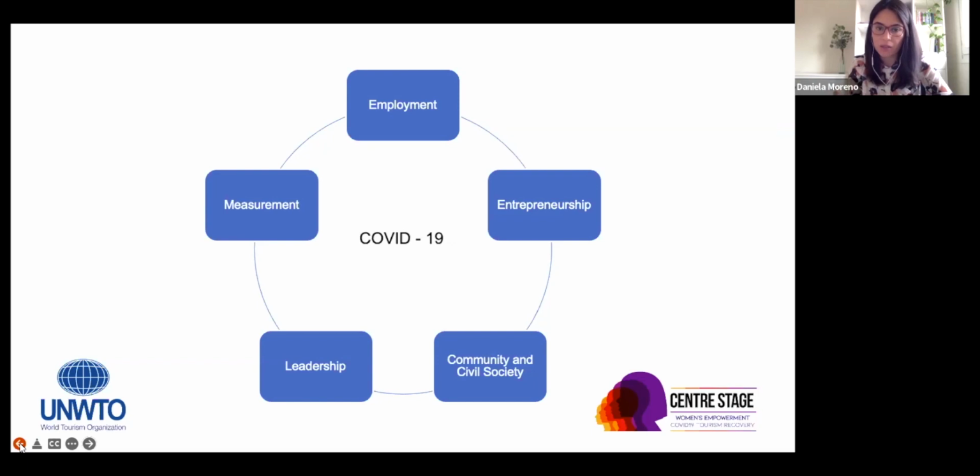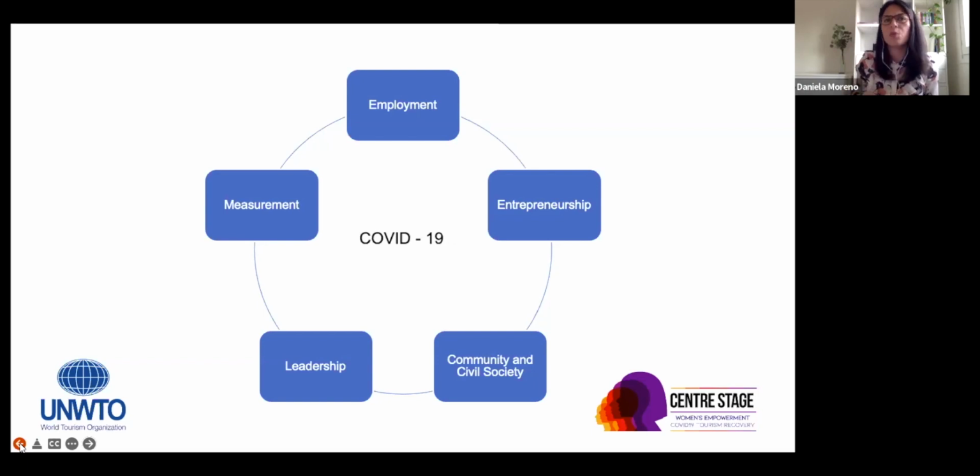This is the key part that we have to include when we are working on leadership, okay? And we want to see gender-sensitive professionals in leadership positions, okay? This is another important point because it's the only way to integrate the transformative change needed in tourism to achieve gender equality, right?